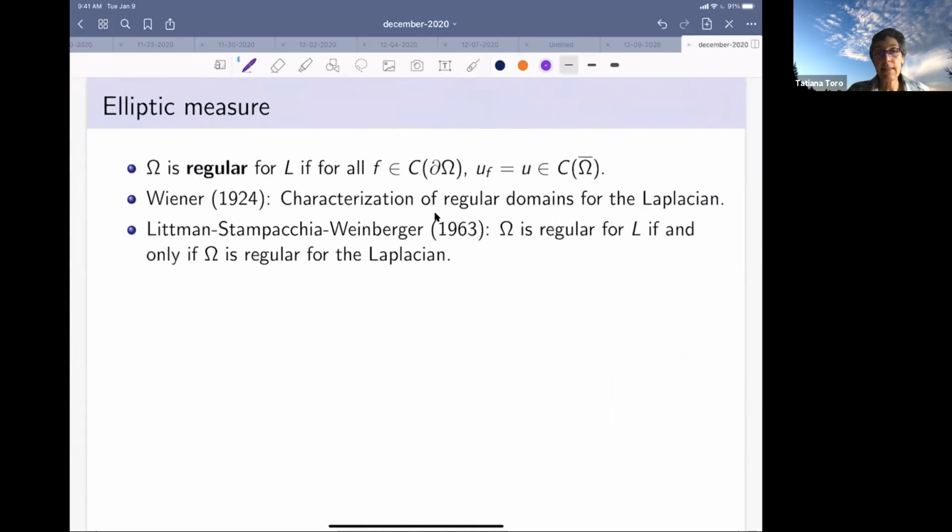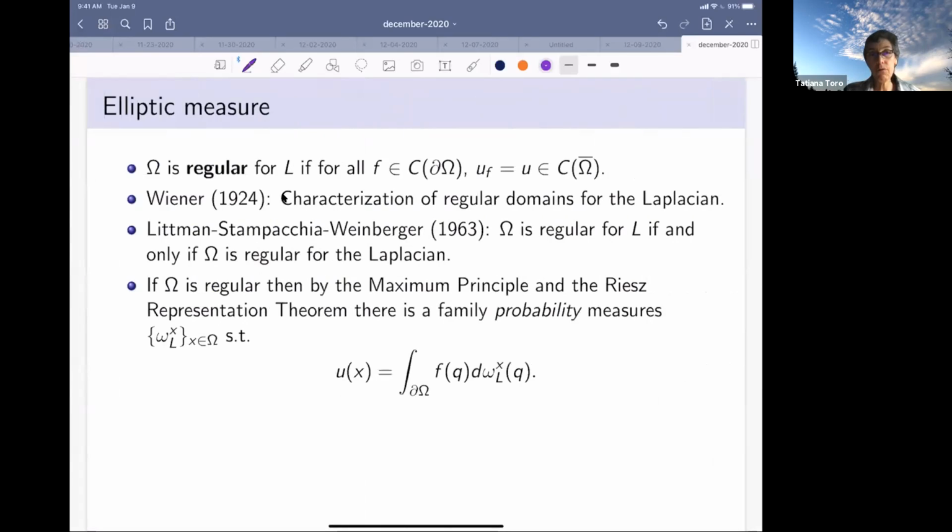Then in 1963, Littman, Stampacchia, and Weinberger showed that if a domain is regular for the Laplacian, then it's regular for any operator L, and vice versa. So the property of being regular with respect to a second order divergence form operator is a property of the domain.